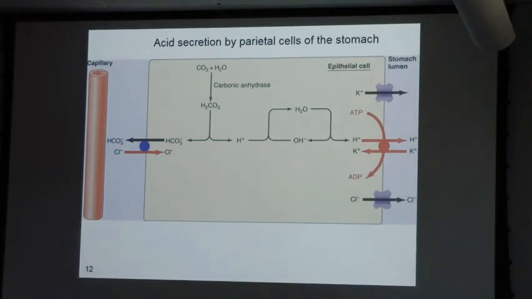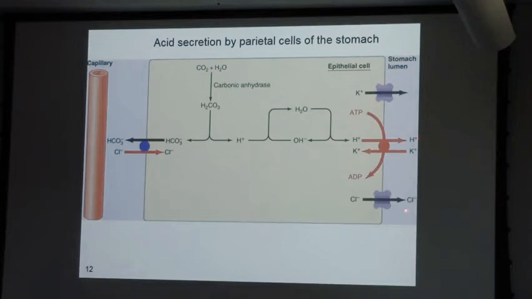It actually is a proton potassium ATPase, but the most important function is that it's pumping protons. It's like the sodium potassium ATPase that is key for so many things, especially in the kidney. You learned all about the sodium potassium ATPase. Now we have a proton potassium ATPase. It pumps protons into the lumen of the stomach. Where did those protons come from? They came from carbonic acid.